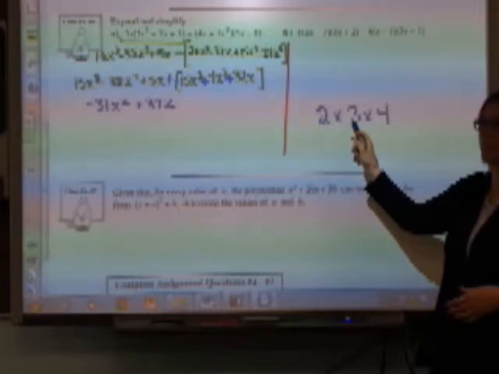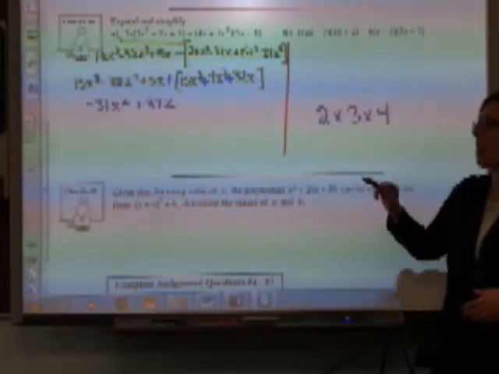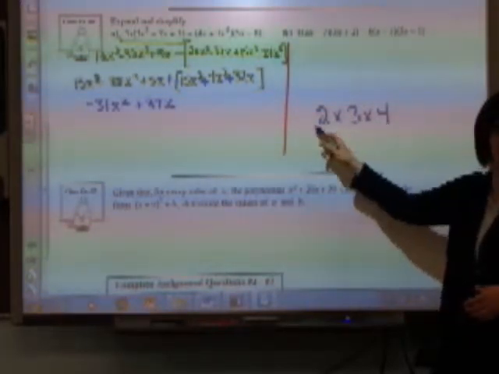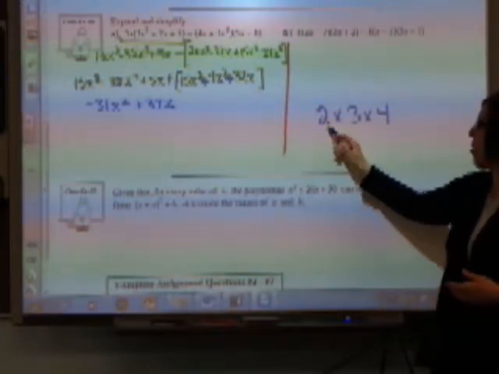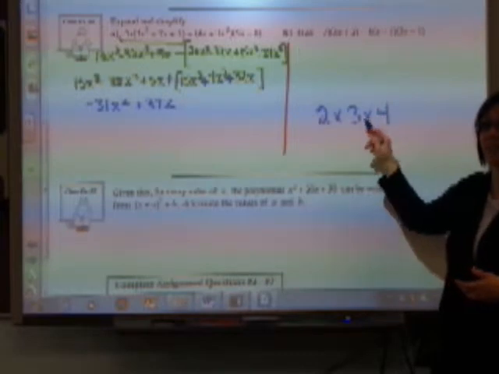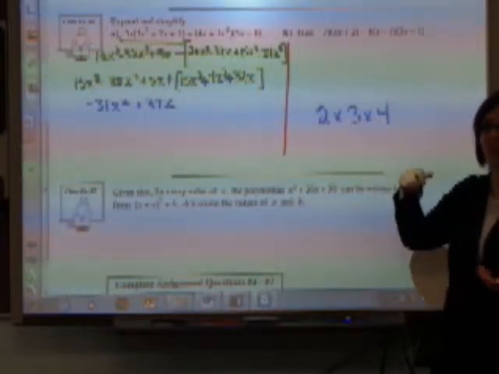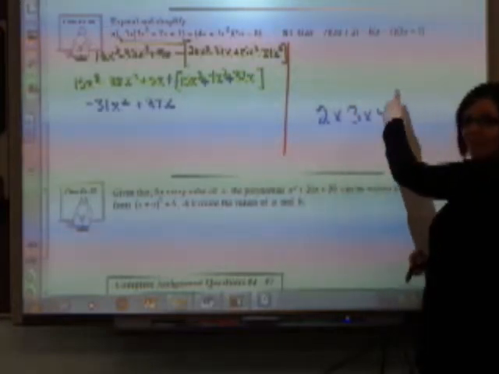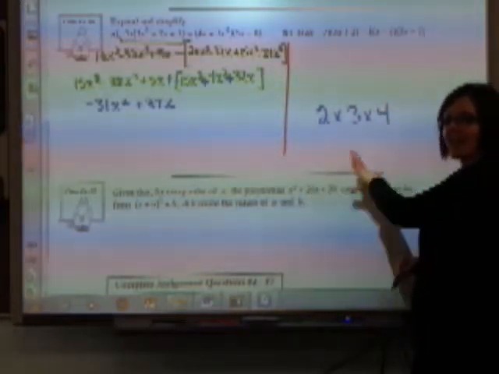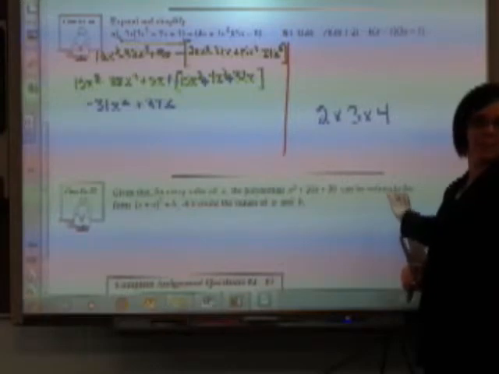I can go 2 times 3 is 6, times 4 is 24. Or I can go 3 times 4 is 12, times 2 is 24. Or if I wanted to, I could go 2 times 4 is 8, times 3 is 24. But the conclusion is that I get 24 each time.